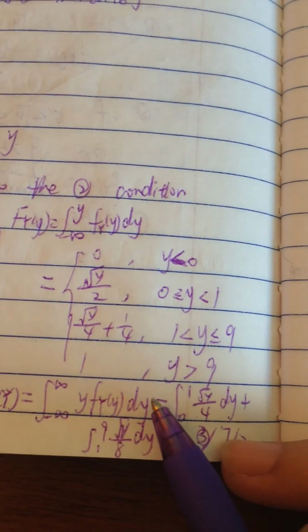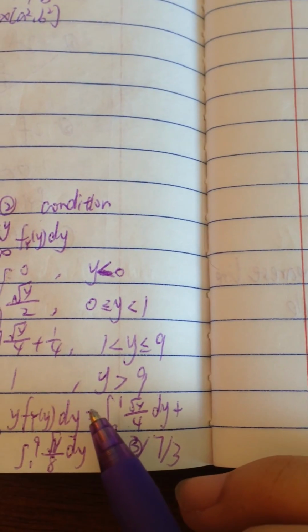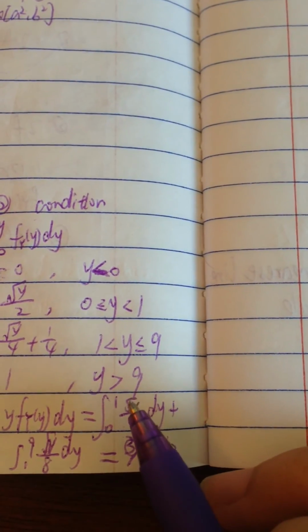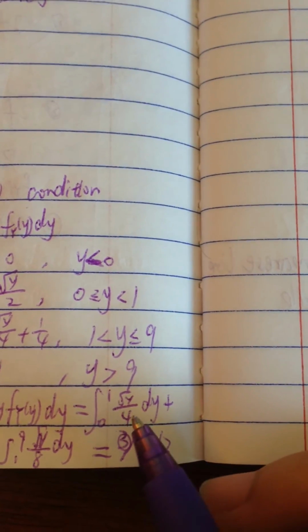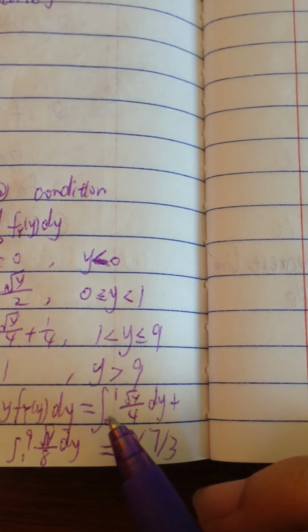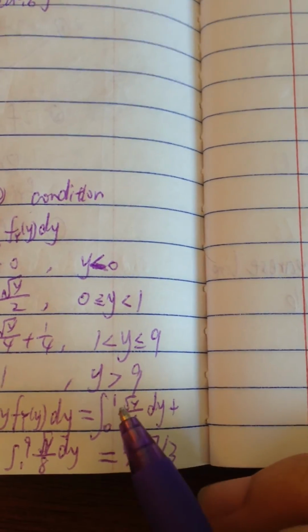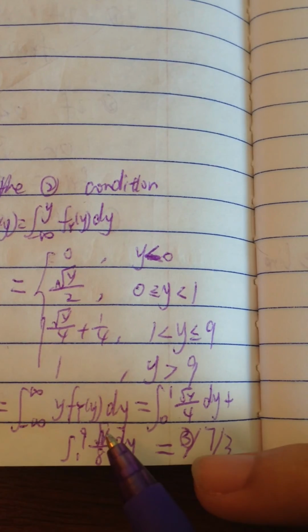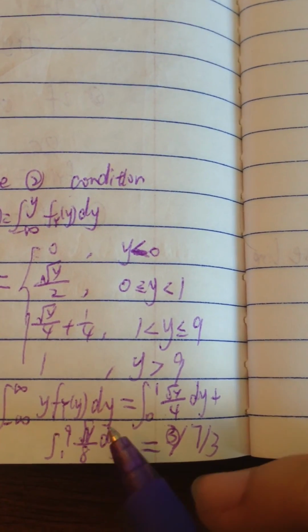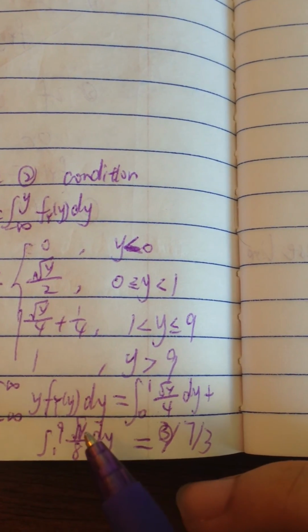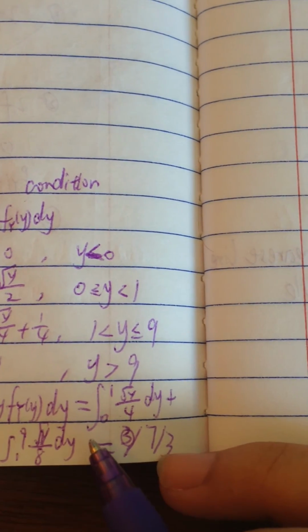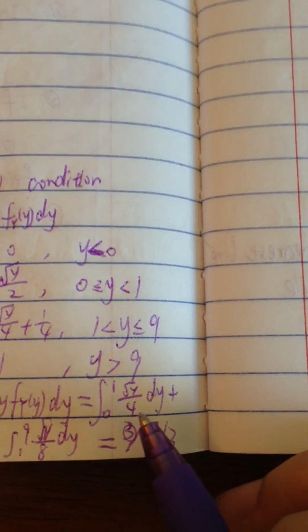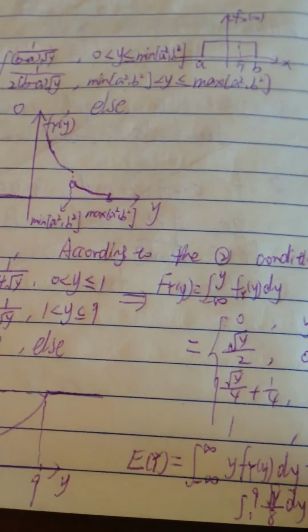So we can easily know that it equals the integral from 0 to 1 of square root y over 4 times delta y, plus the integral from 1 to 9 of square root y over 8 times delta y. And finally we got the answer, which is 7 over 3. So till now we have figured out the second question. Thank you.